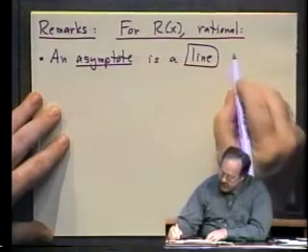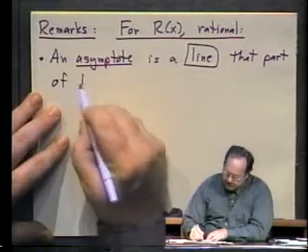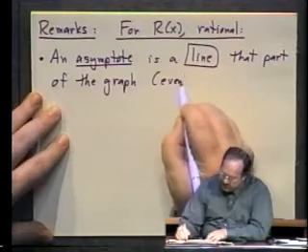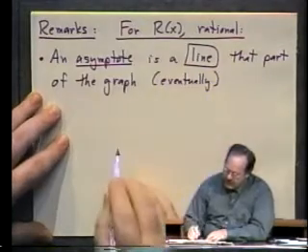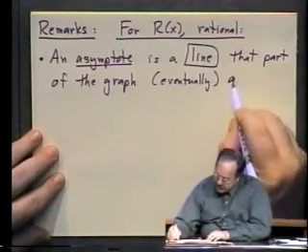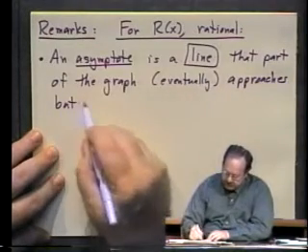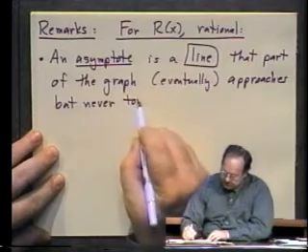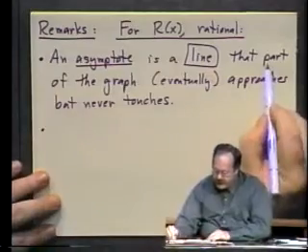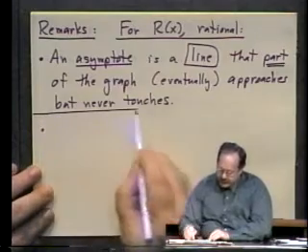It is a line that, we might say it this way, that part of the graph eventually, if you go out far enough, or you approach, in the case of a vertical line, you approach that c closely enough, eventually approaches, but never touches. Okay? Now, realize that I said part of the graph will approach but never touch. I'll come back to that in a moment.